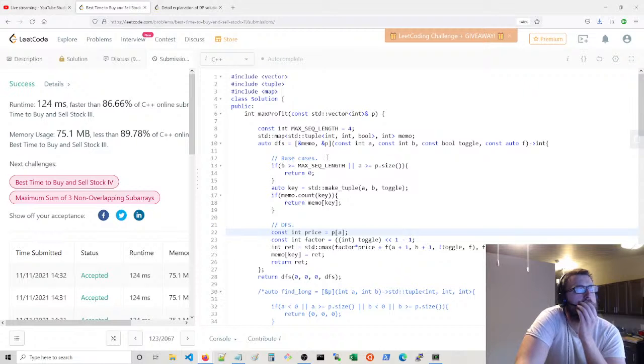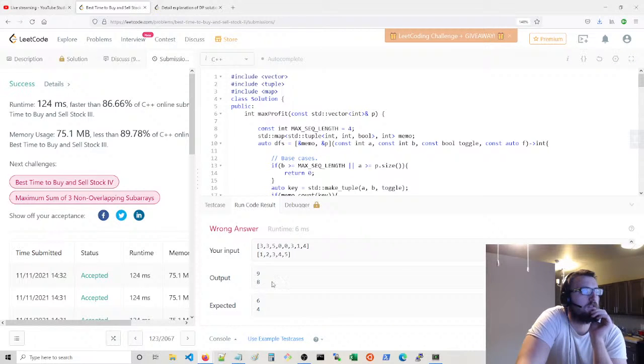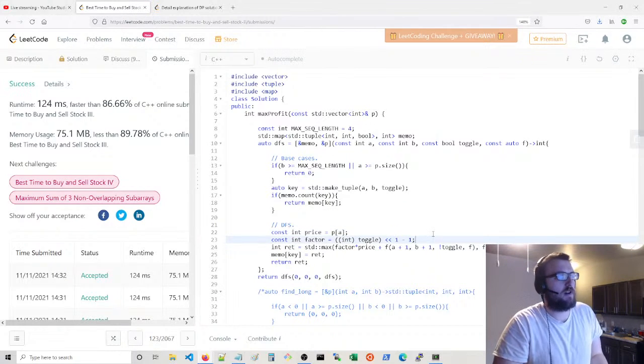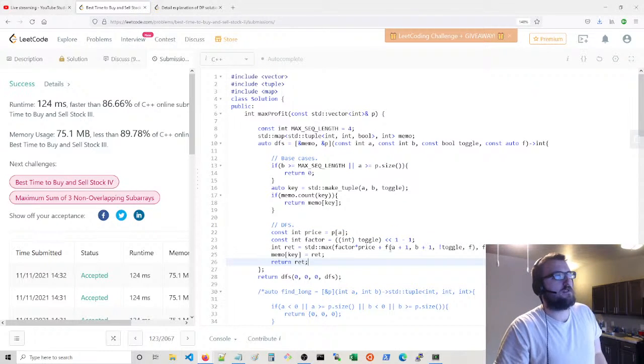Uh-oh. What? Really? This gives us 9. Can we print the values as we see them?